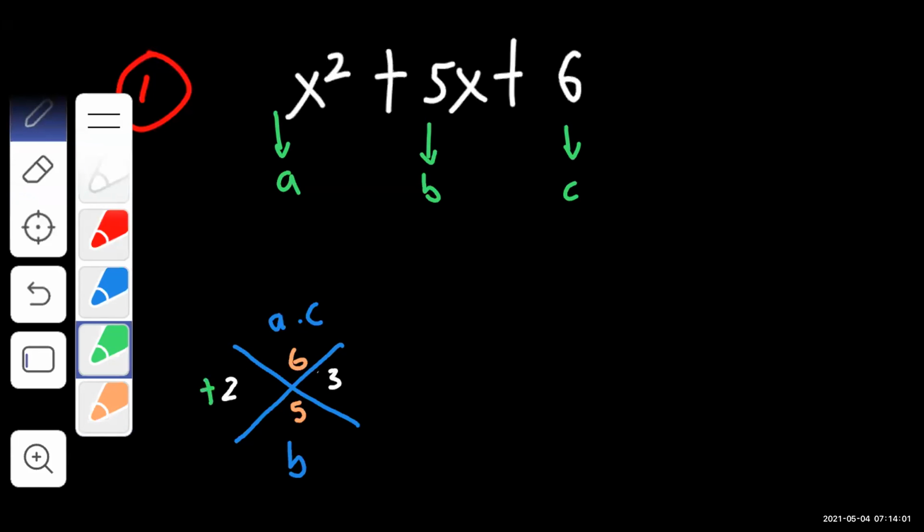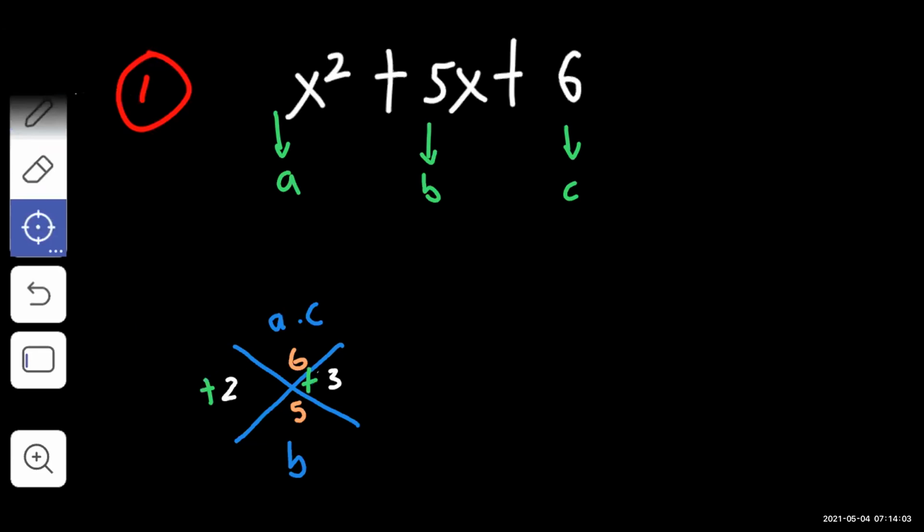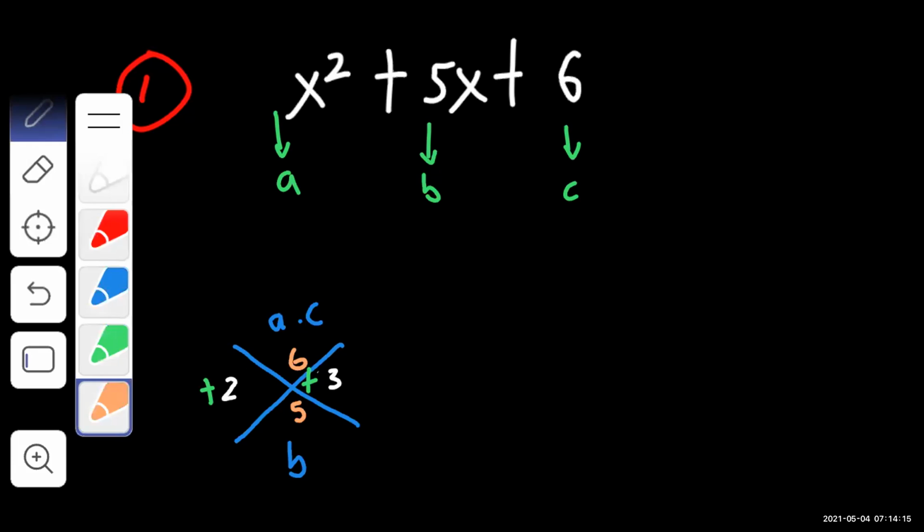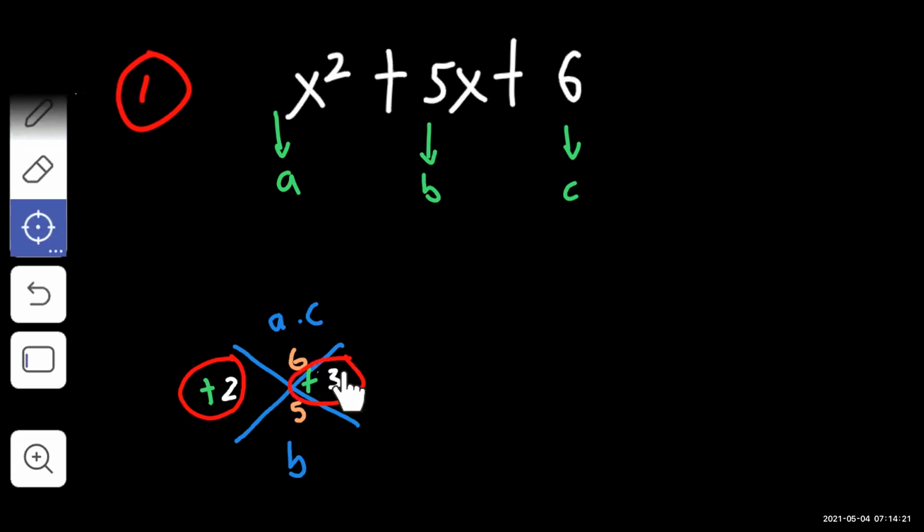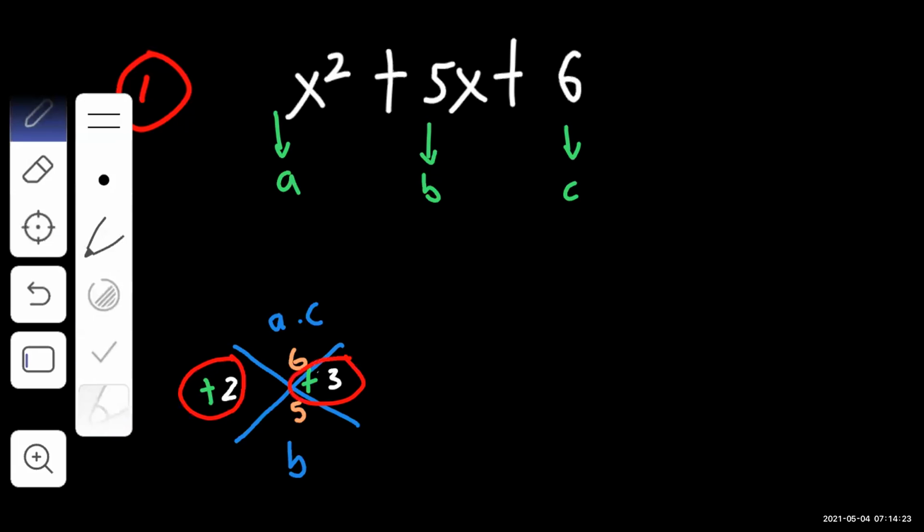Positive 2 times positive 3 is positive 6, so this is working. But now let's see if adding these two numbers gives this one. Positive 2 plus positive 3 is 5. It looks like everything is working out, and this is the right factor.